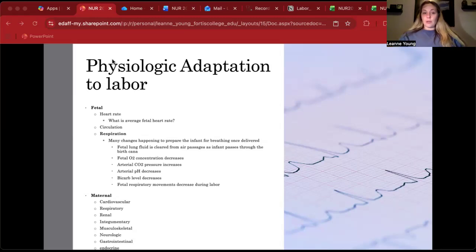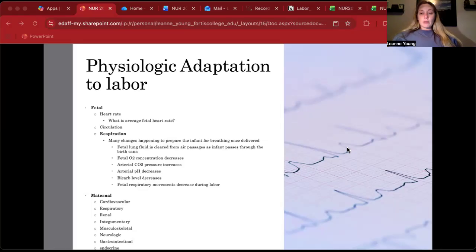breathing oxygen. Okay. From a maternal standpoint, cardiac output is going to increase by 12 to 31% in the first stage of labor and even more in the second stage. Excuse me. Their heart rate is going to increase because they're in pain, just because of the overall way that labor is progressing. Blood pressure will typically increase during contractions as well because of pain.